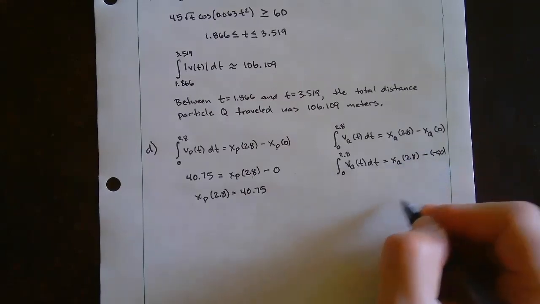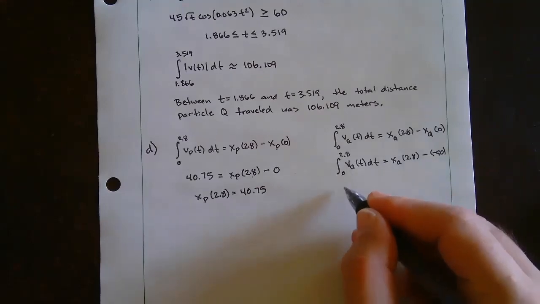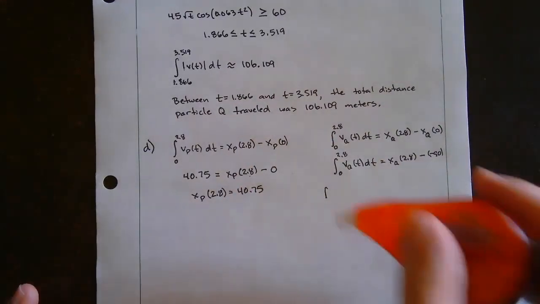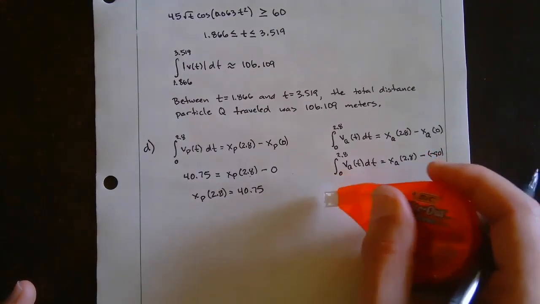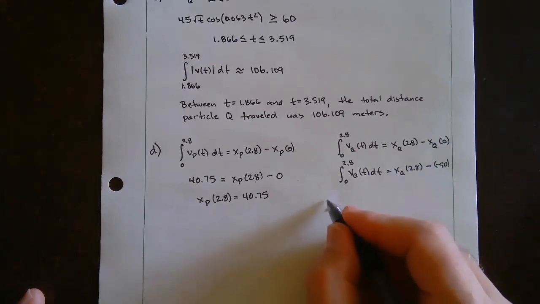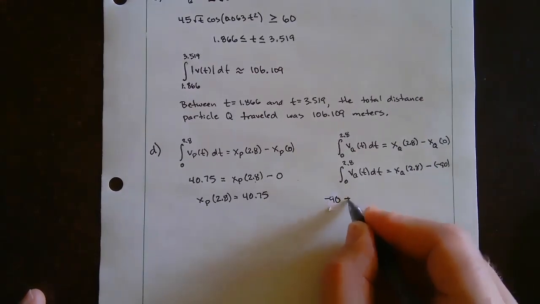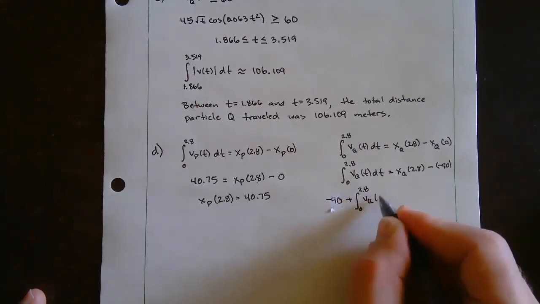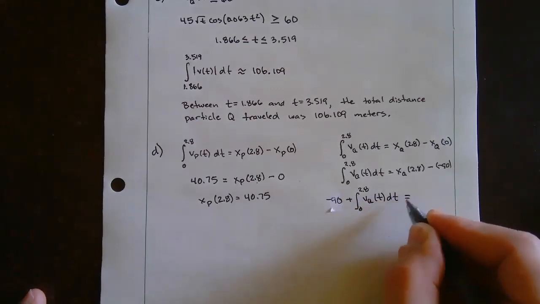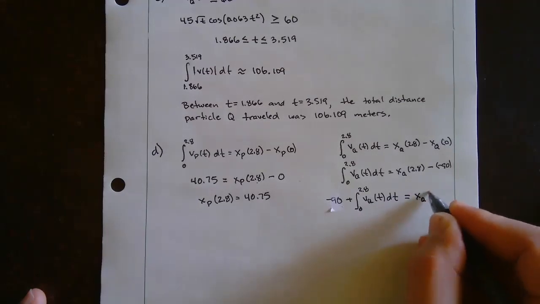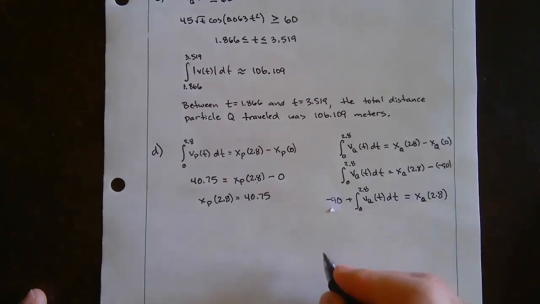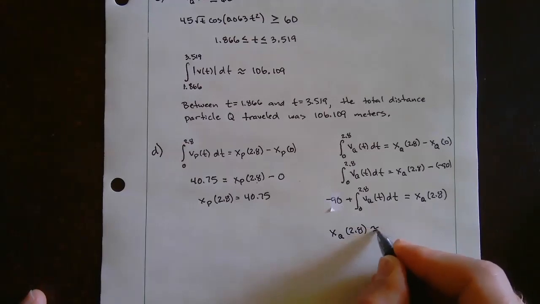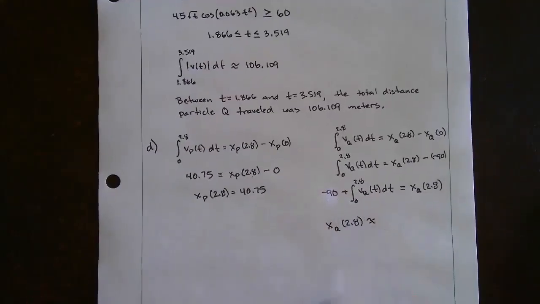When I move it over, it's going to be minus 90. I'm going to write -90 in front, I think it'll be easier to see and put into our calculator. So when I move this over, it's -90 plus the integral from 0 to 2.8 of V sub Q of t dt, and that equals the position of particle Q at 2.8. So x sub Q of 2.8 is approximately, and we're going to put this into our calculator.